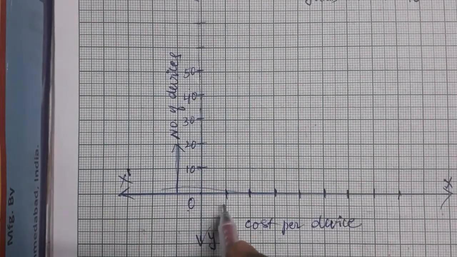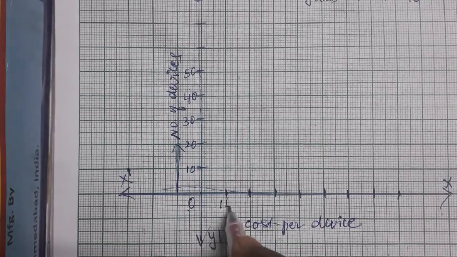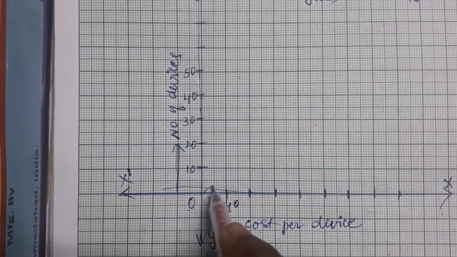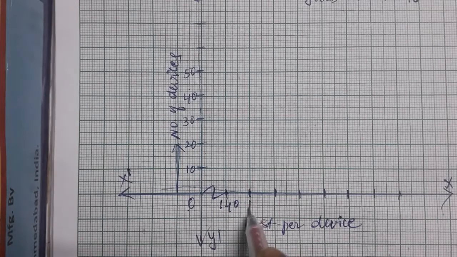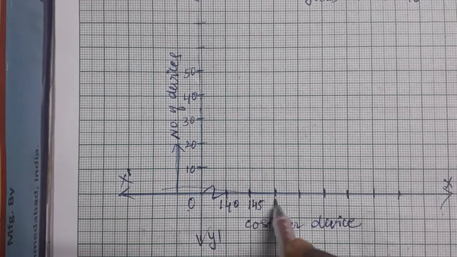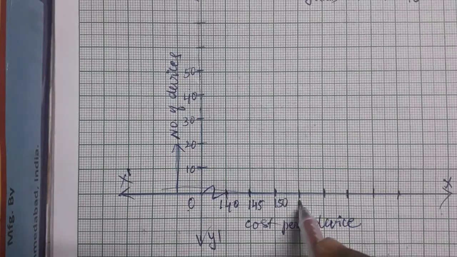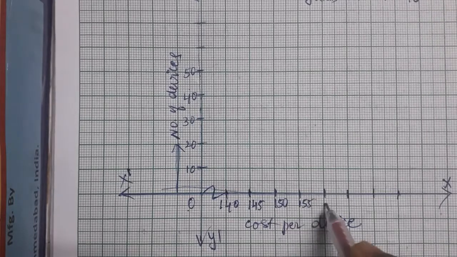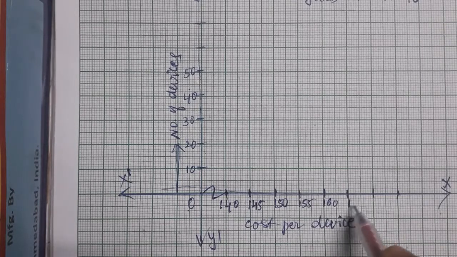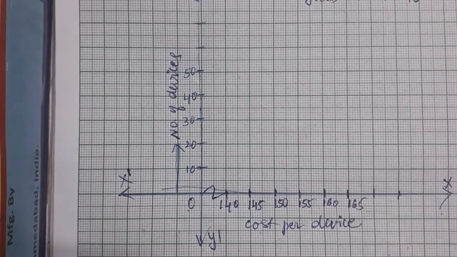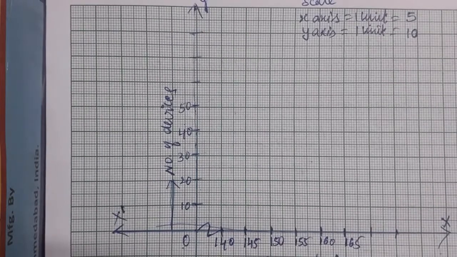So as I told you, it is starting from 140. When it doesn't start from 0, use this spring symbol. 140. This mark will become 145. This mark is 150. This mark is 155. This mark is 160. This is 165. Now we have to plot it.